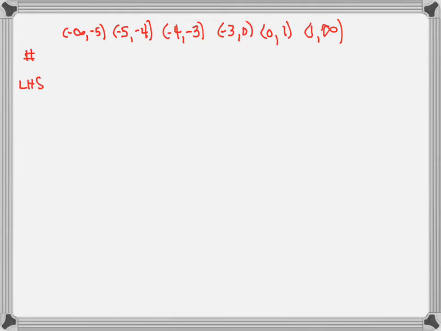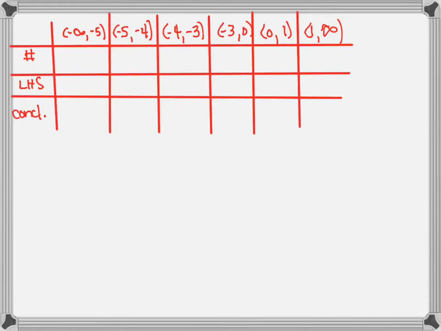So I have an interval of -infinity to -5, -5 to -4, -4 to -3, -3 to 0, 0 to 1, and 1 to infinity. I'll choose a number in each interval. I'll evaluate the left-hand side, and I'll draw a conclusion.